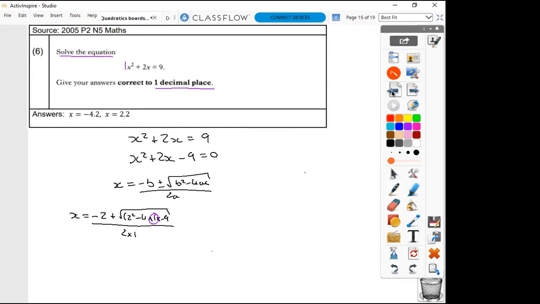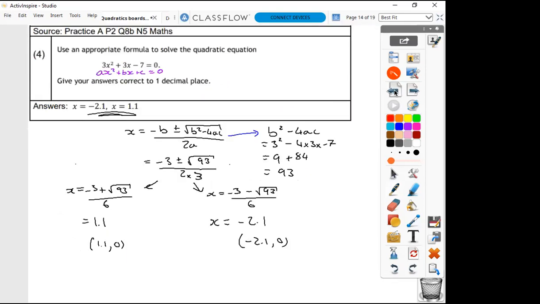If we look back at another one, you can see that b term is a positive there, and it becomes a negative when it gets put into the formula. So whatever the sign is for b, flip it.